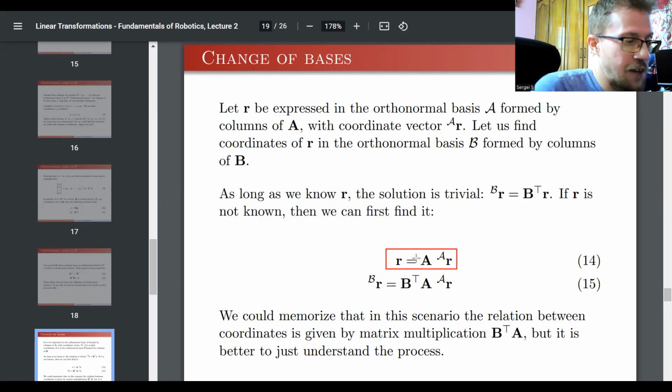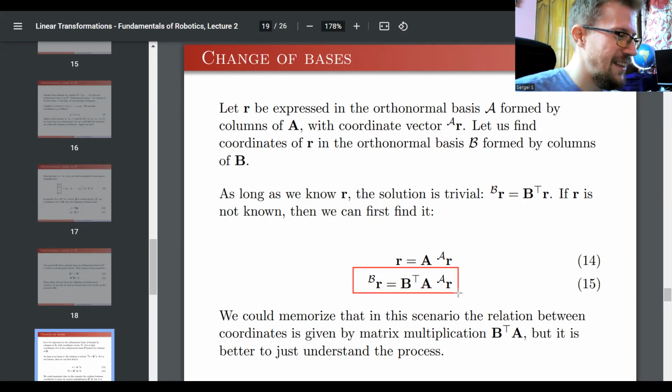But we just said before, if we knew what R is, we could easily find its coordinates in B, just multiply by B transposed. So we get the expression. It is that simple.